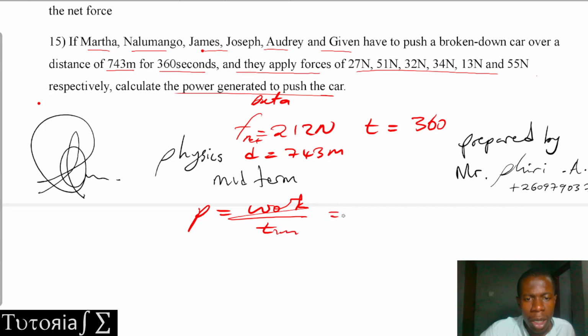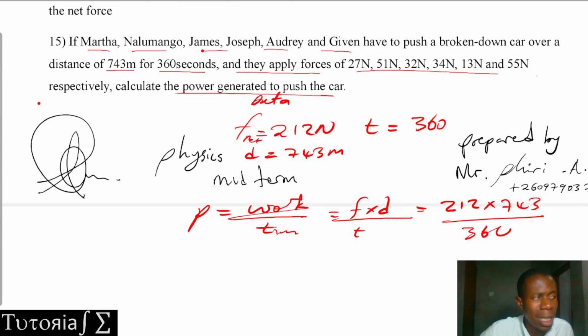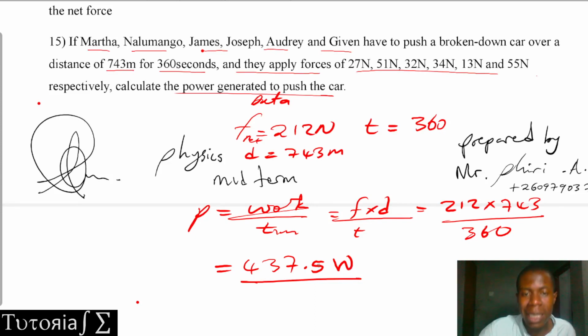So our work is force times distance over time. So that will basically equal force, which is 212, times distance, which is 743, over the time, which is 360, and the power will basically be 437.5 watts. So that is how you're supposed to work out question number 15.